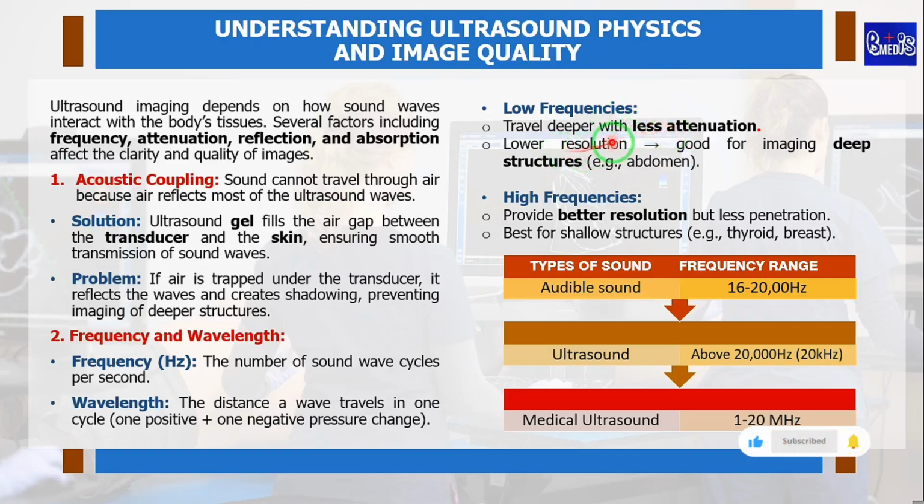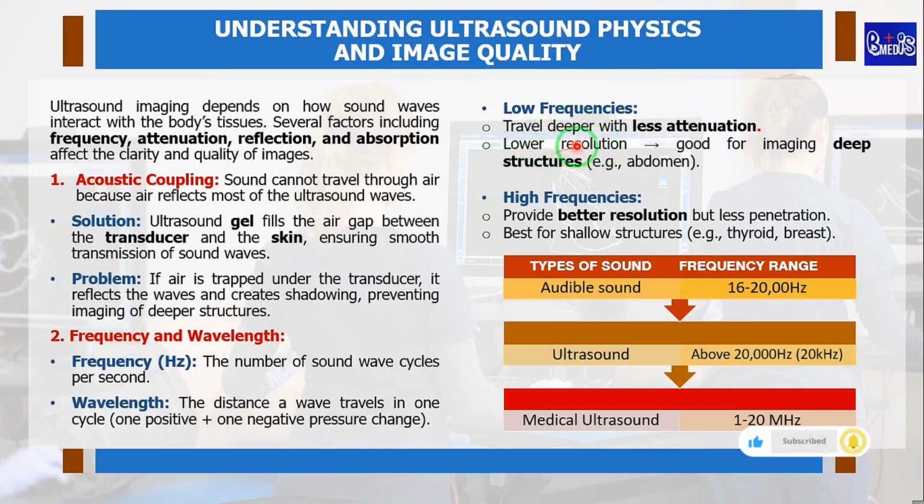Now, the effect of this is that it comes up with images with low resolution, but good for imaging deep structures. So there's a compromise here. If you are evaluating a structure that is bulky, you need a sound wave that can penetrate deeper, but you should be ready to sacrifice resolution.